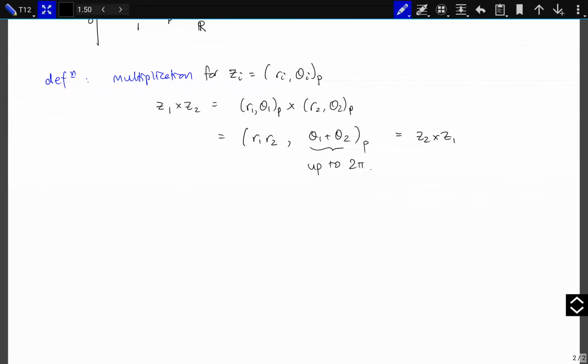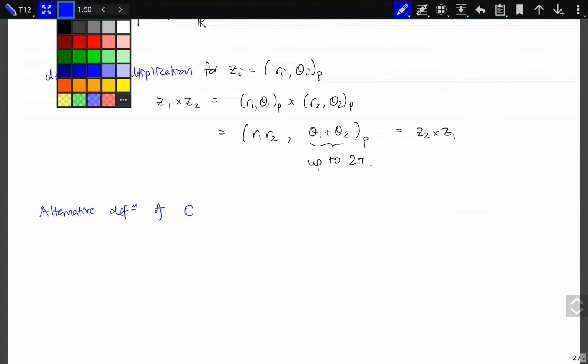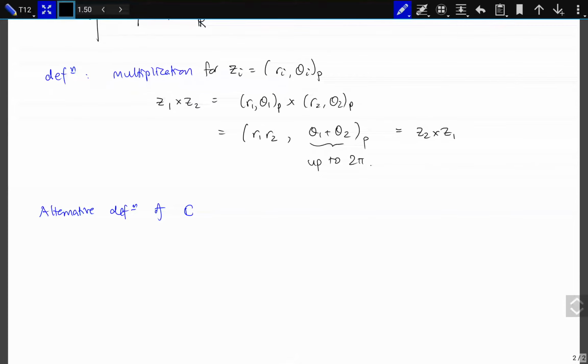Finally, if you're watching this, you can take a deep breath. The alternative definition of complex numbers is when you identify polar and Cartesian coordinates, so that's rectilinear, usual xy coordinates.